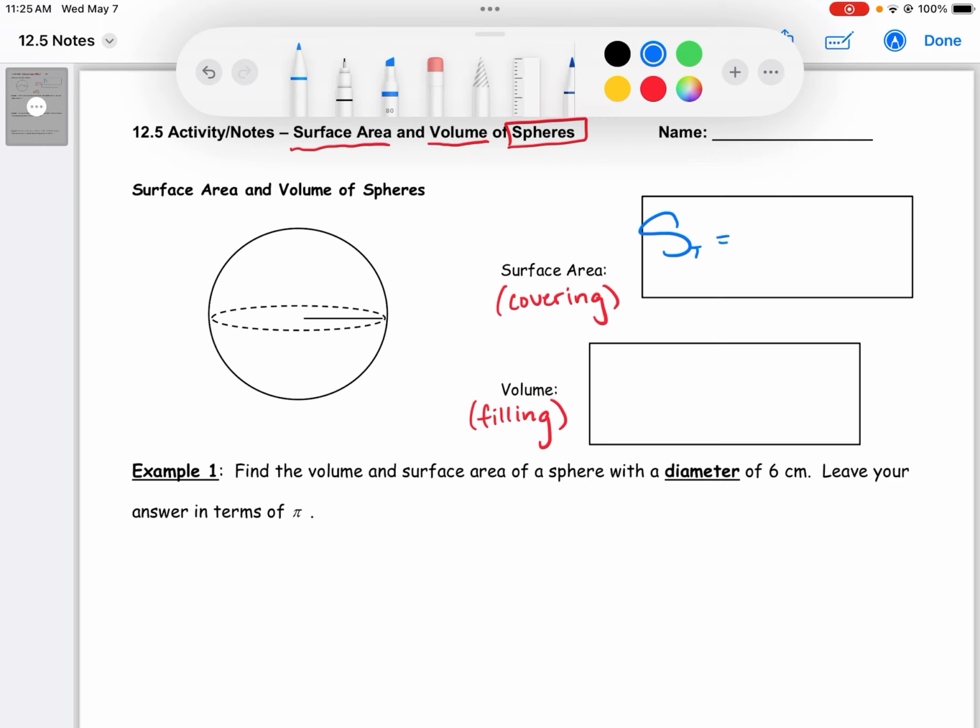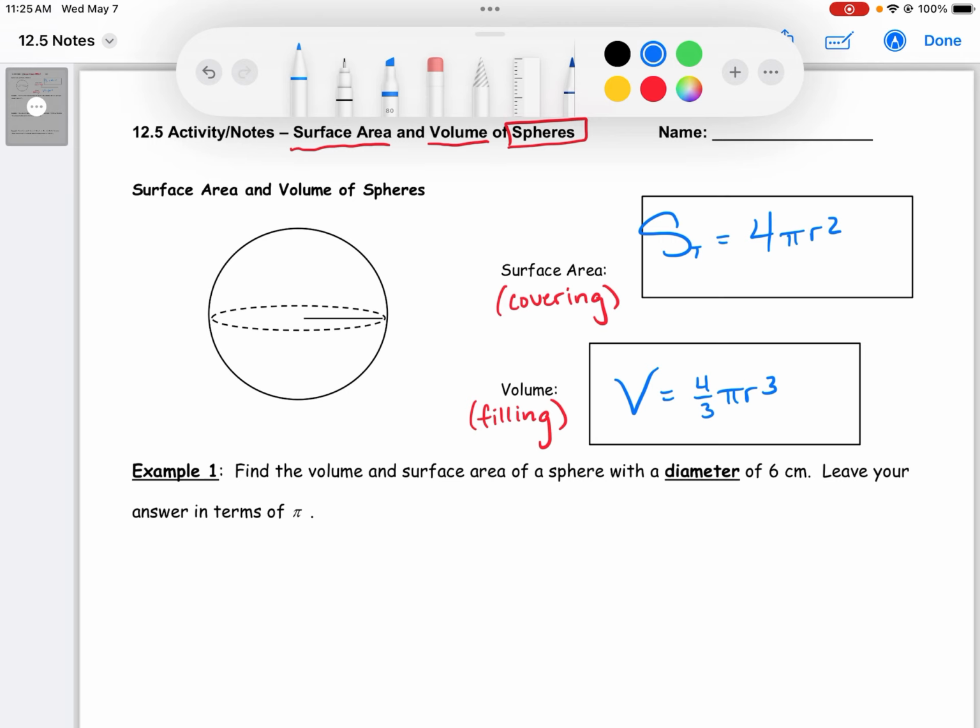So for our surface area, our total surface area, so S with a subscript T, our formula is 4 times pi r squared. And our volume is V equals 4/3 pi r cubed.